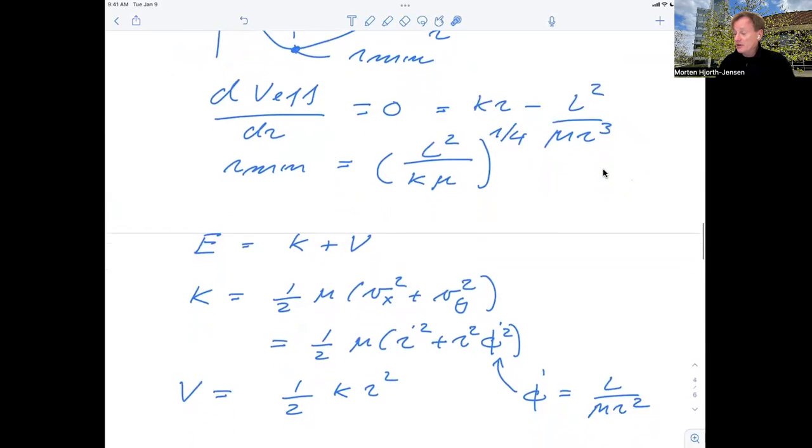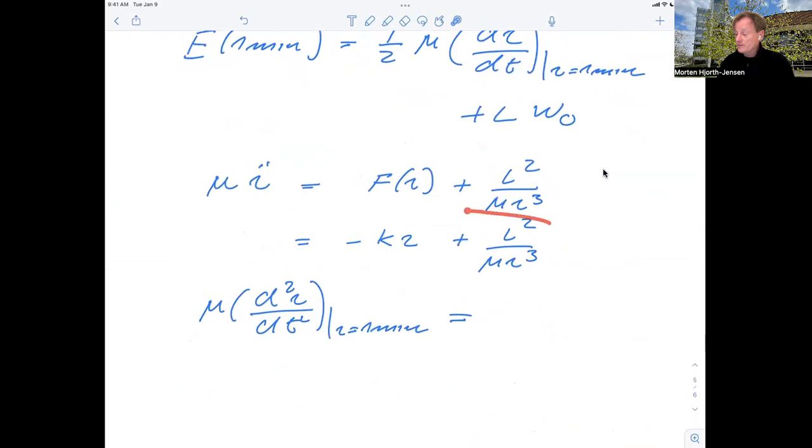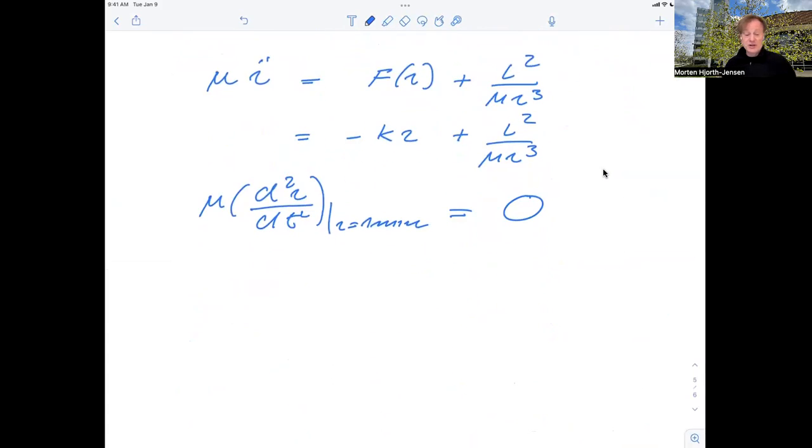So at the minimum value, this quantity is actually equal to 0. That's an extremely useful result. It tells us that the acceleration is equal to 0, and that means that we have a constant velocity.